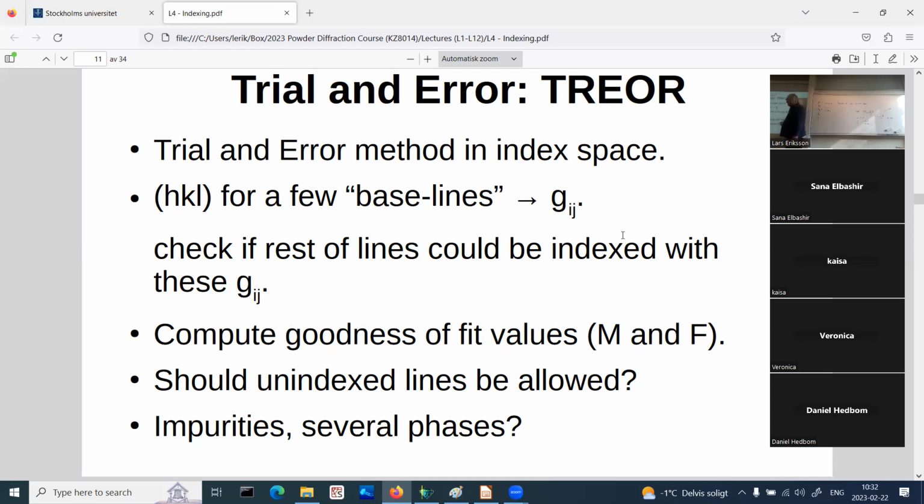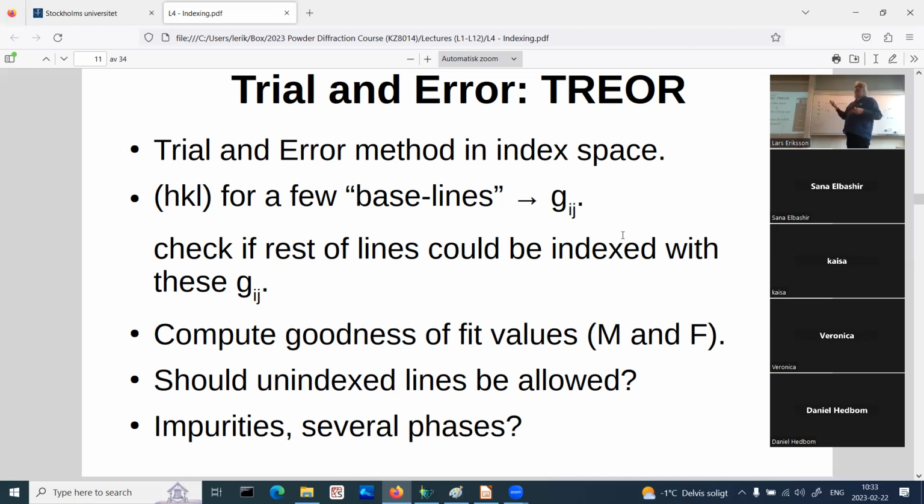And a question: could you allow unlimited unindexed lines? If you have a lot, say that you have 20 lines, how to explain that? If you can explain the unindexed lines, for example if I forgot I had sodium chloride as a mixed sample, then it's quite okay.